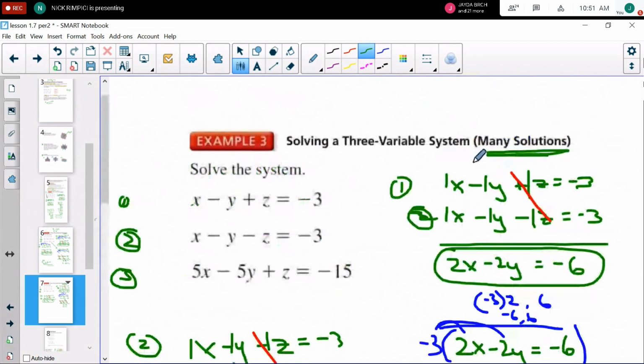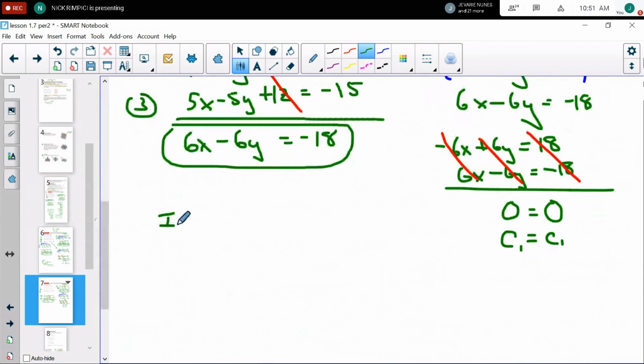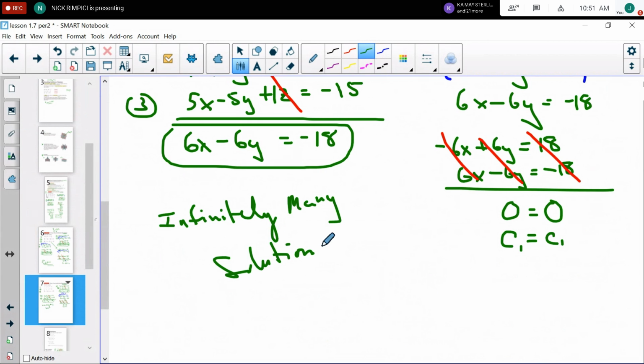This is the case where there are infinitely many solutions. So this problem would have infinitely many solutions. The difference here is that you end up with two constants, but they're the same constant. So that's why you have infinitely many solutions.